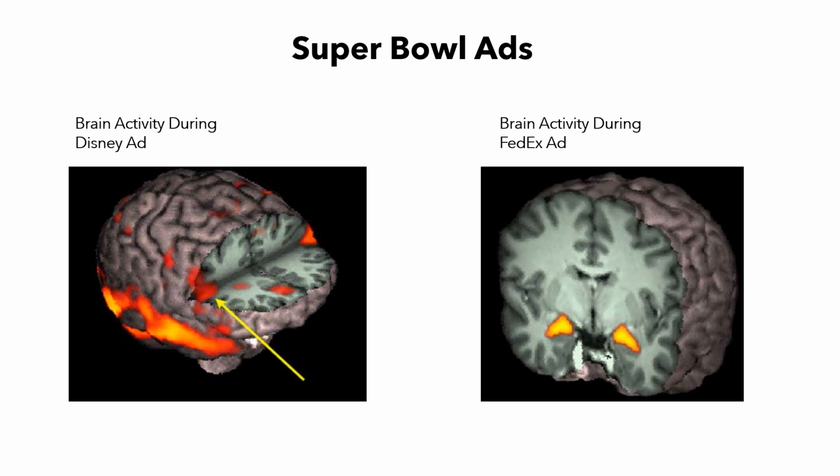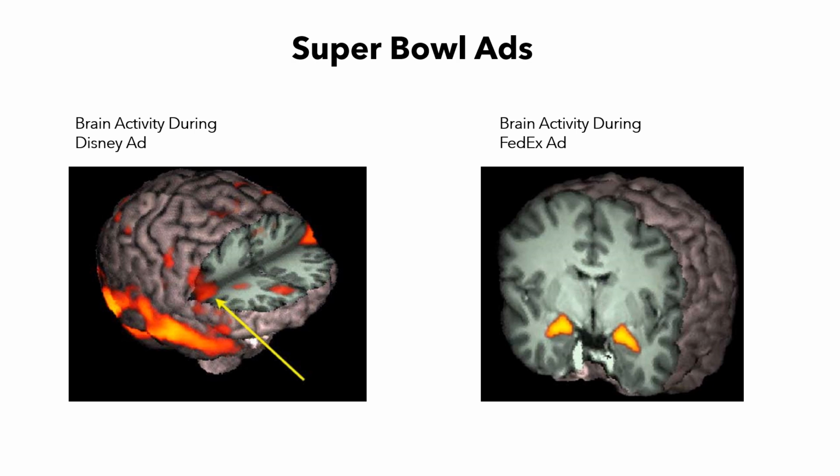And they actually used fMRI technology to measure brain responses in a group of subjects while they were actually watching Super Bowl ads. Participants viewed the commercial through goggles as they were laying inside a fMRI machine.